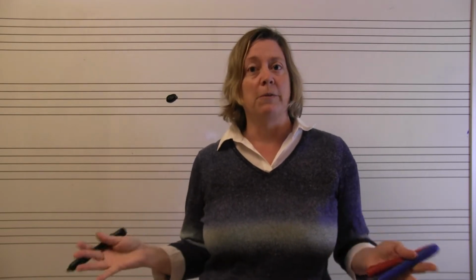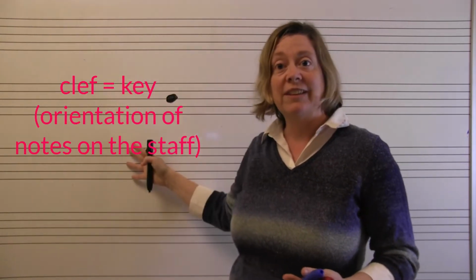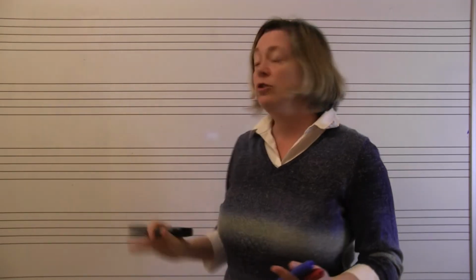The word clef means key, and it really is the key to telling us which letter names attach to which lines and spaces. So you may have learned a particular way to remember a clef, and the lines and spaces attached to it. Elephants get big dirty feet.